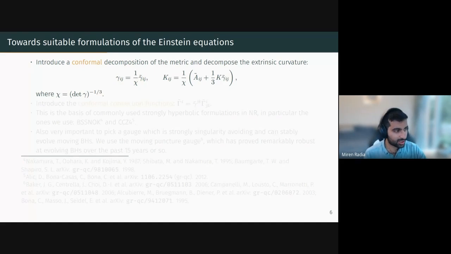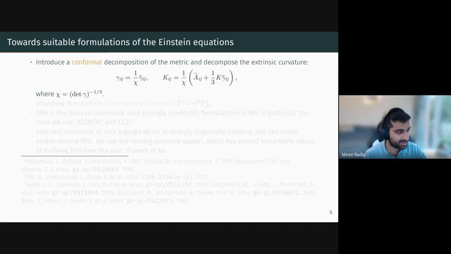So we introduce a conformal decomposition of the metric and decompose the extrinsic curvature like this. Notice that this conformal factor chi factors out the metric determinant, and chi will smoothly go to 0 when the physical spatial metric components gamma_ij blow up, for example, near the center of a black hole.